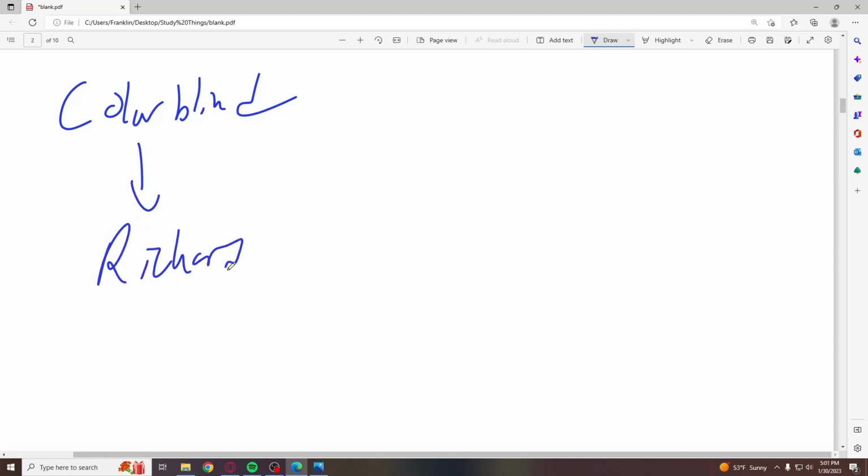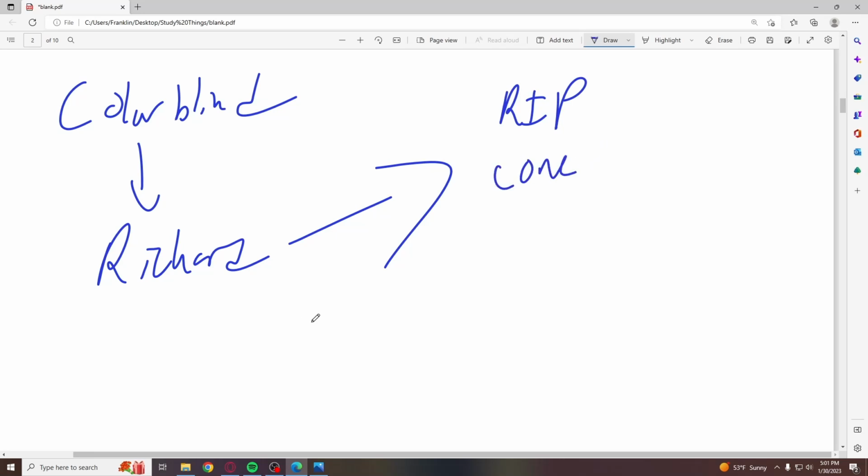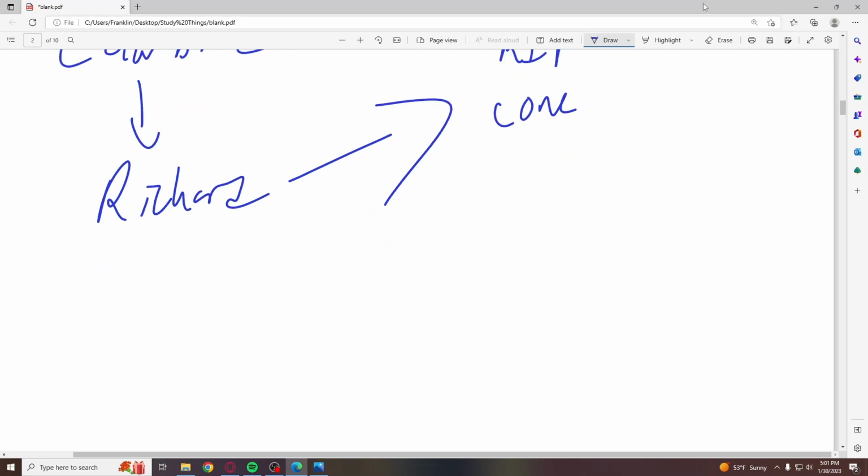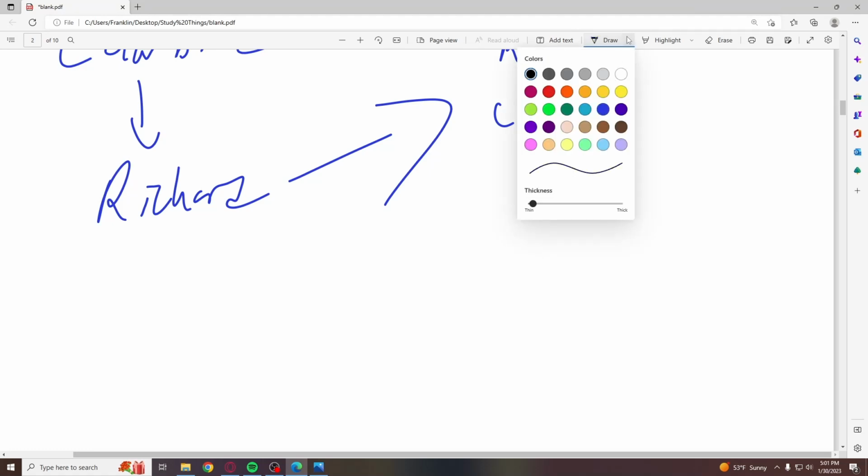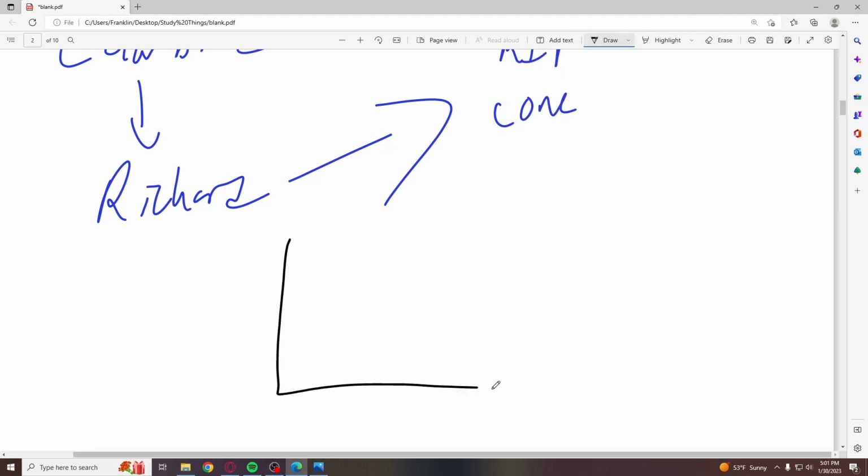For the eyes, I guess some fun facts would be, if you're colorblind, like my friend Richard, you're missing one type of cone. So there's like a graph.